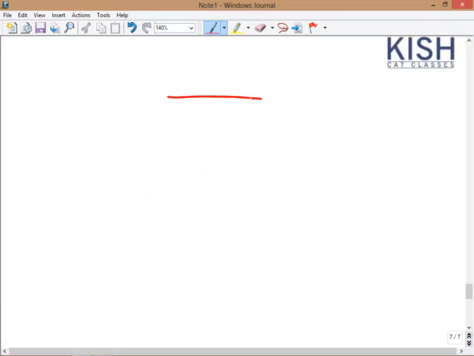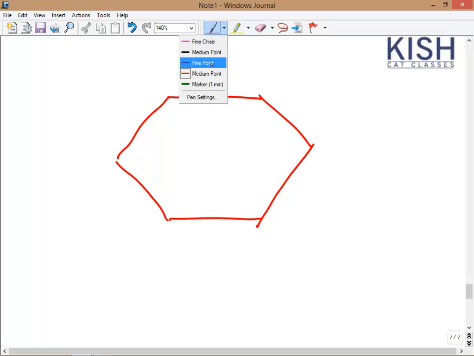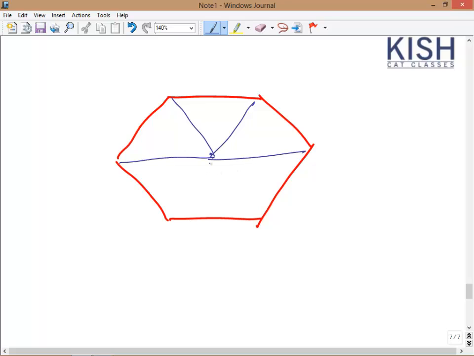So if you take this hexagon, what is a hexagon? Hexagon is a combination of 6 equilateral triangles. It's a combination of 6 equilateral triangles.